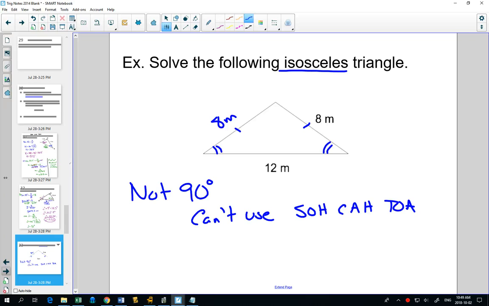You can't use a squared plus b squared equals c squared. That only works with a 90-degree triangle. In fact, we can use a squared plus b squared equals c squared to prove that this is not a 90-degree triangle.